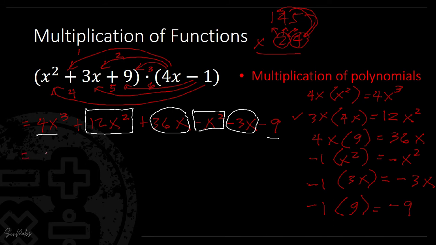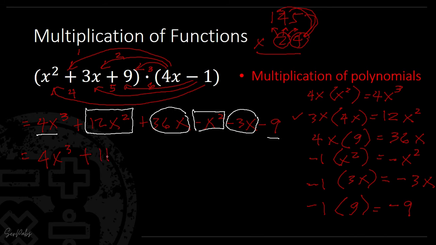Dahil walang kamukha si 4x cubed, kokopyahin lang siya. Then, punta tayo kay 12x squared. I-minus na natin. 12 minus 1. Merong 1 na numerical coefficient ang x squared. So, 12 minus 1, we have 11.